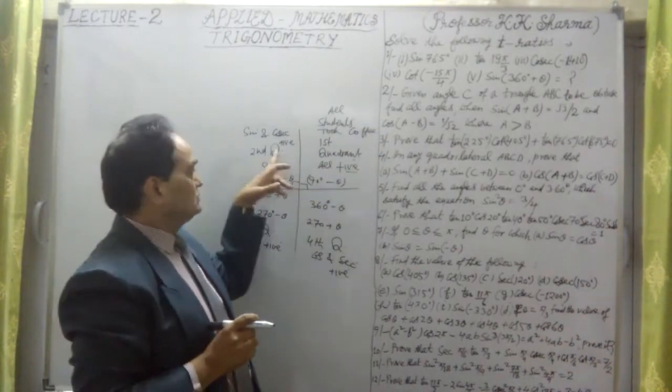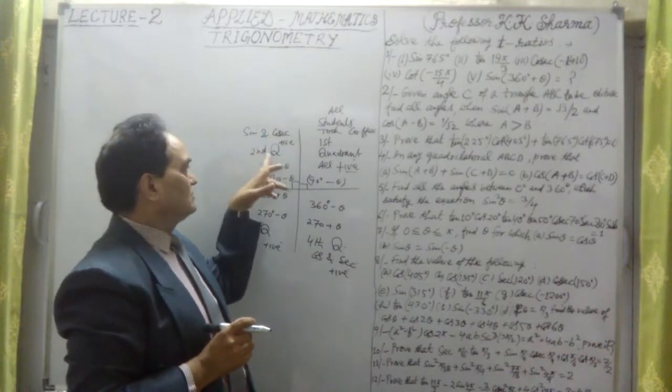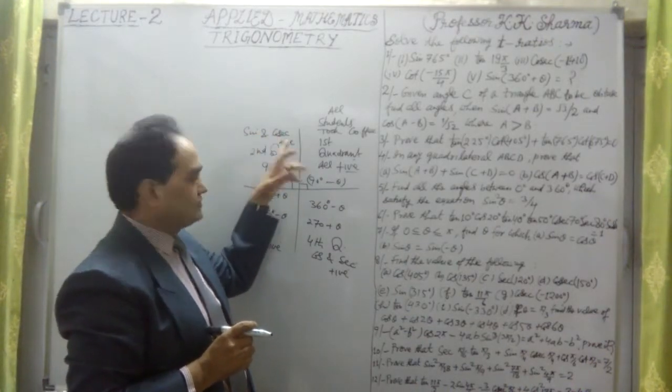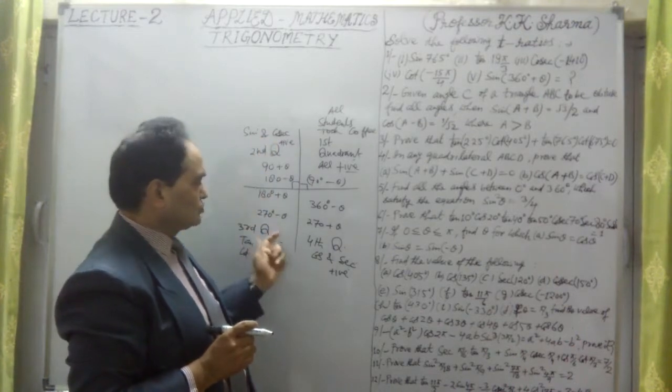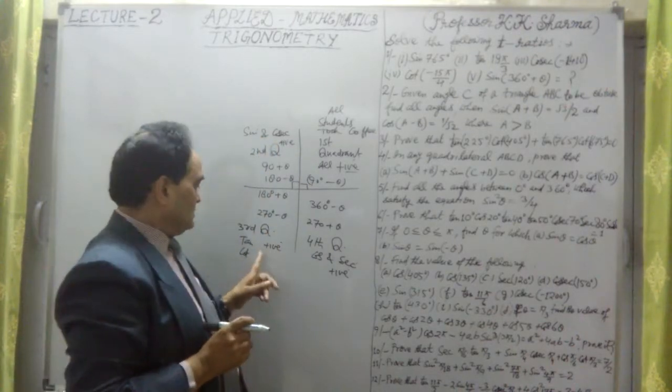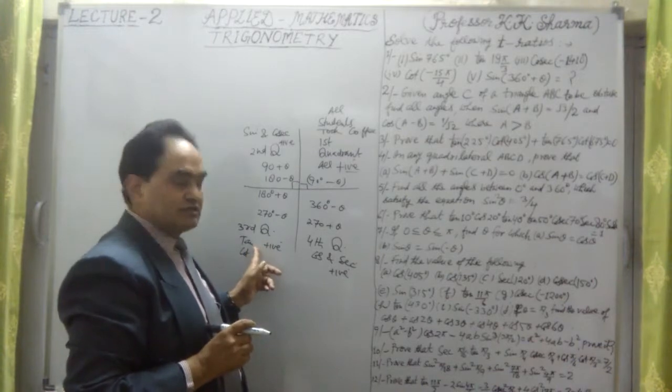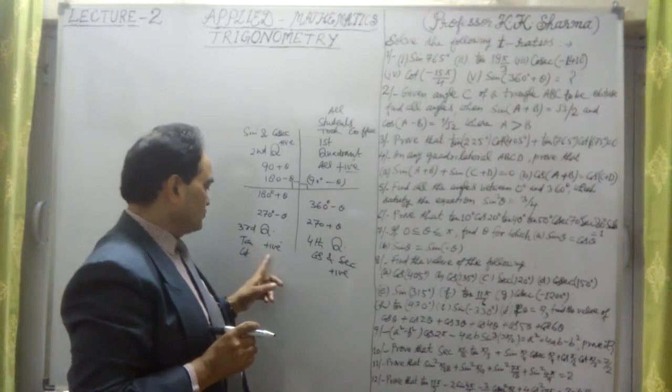All positive. Students means sin theta and its reciprocal cosec. Took means tan theta, T for tan theta, and its reciprocal cot theta.